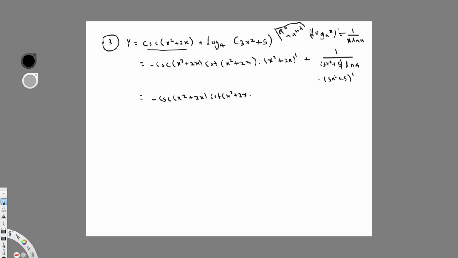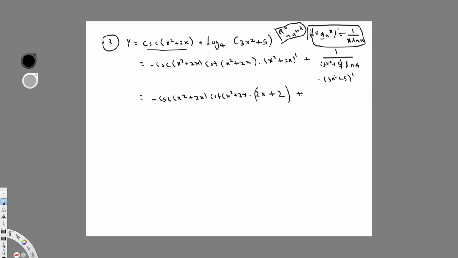If I use this for this one, it's going to be 2 times x to the 2 minus 1, which is 2x, plus 1 times 2, x to the power of 0 is just 2. So it's going to be 2x plus 2, that's it.